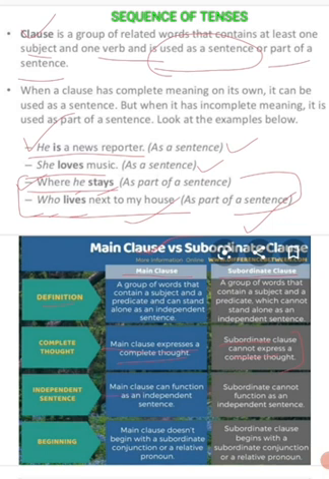The main clause can function as an independent sentence, whereas the subordinate cannot. The main clause does not begin with a subordinate conjunction or a relative pronoun. The subordinate clause begins with a subordinate conjunction or a relative pronoun. So in these examples, where and who are relative pronouns, and they need a main clause or principal clause to complete their meaning.